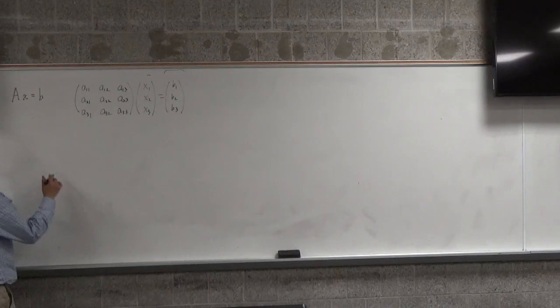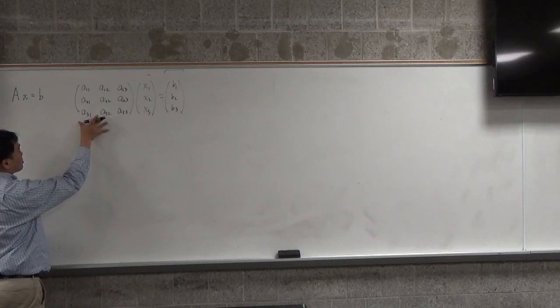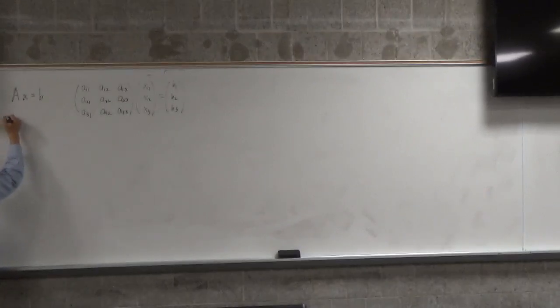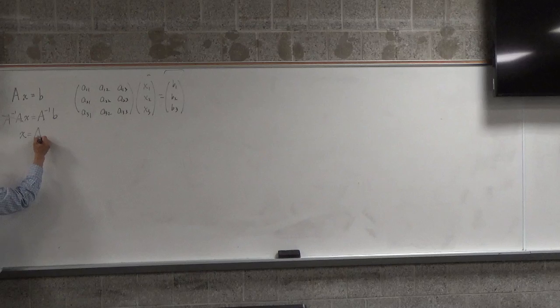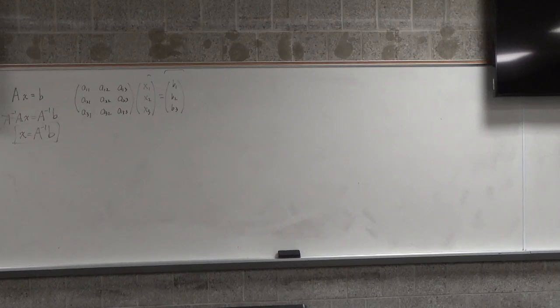Let's say that's what we're trying to solve. Then I can multiply A inverse on both sides, this will cancel and you get x as A inverse of B, right? So if you know the A inverse, then you have the solution right away.